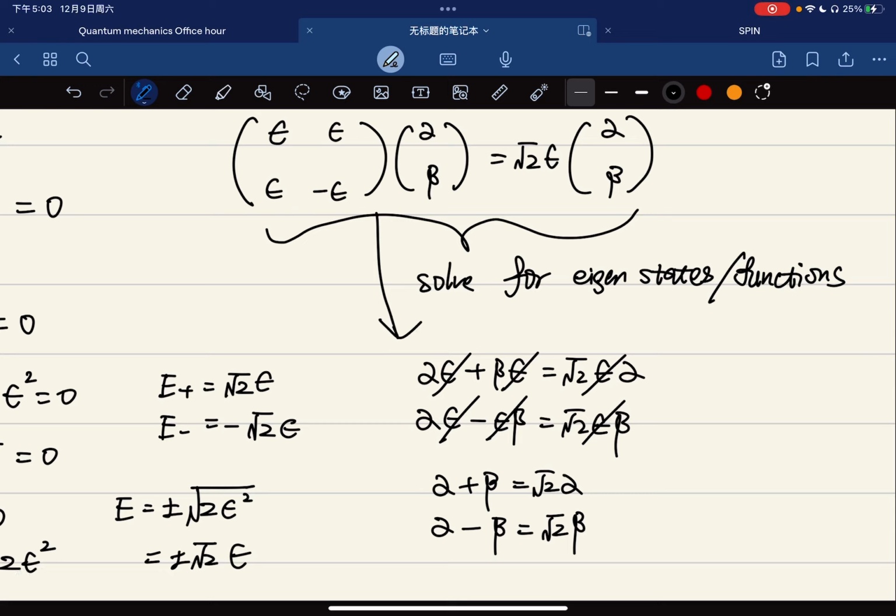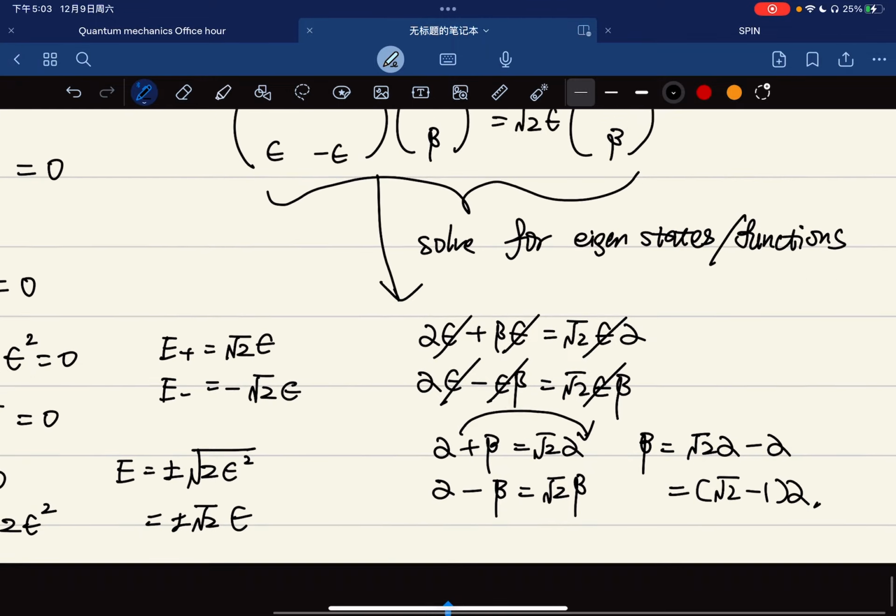And if I add these two equations together, the beta is equals to, I move this alpha to the right side. Okay.